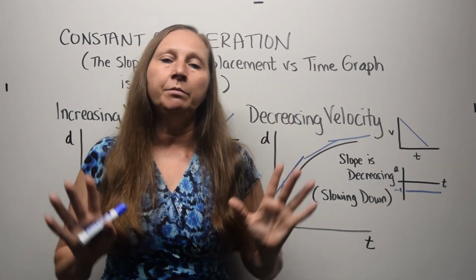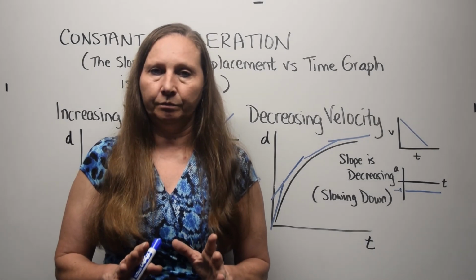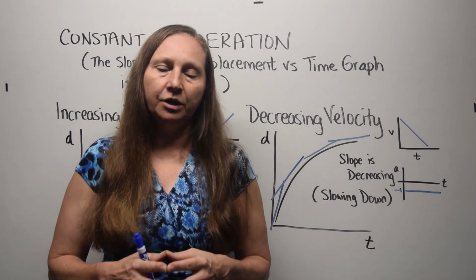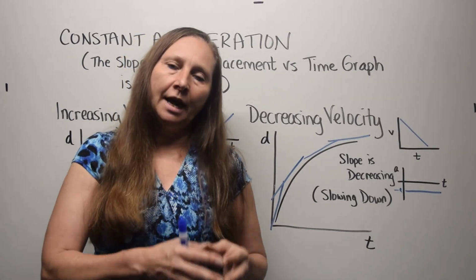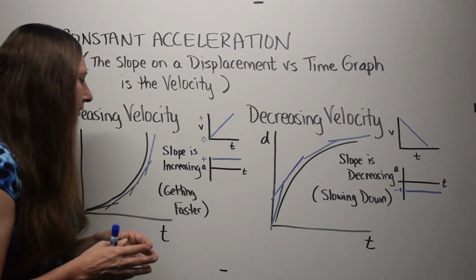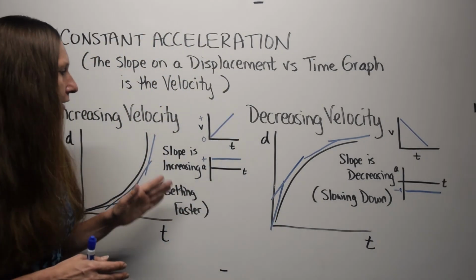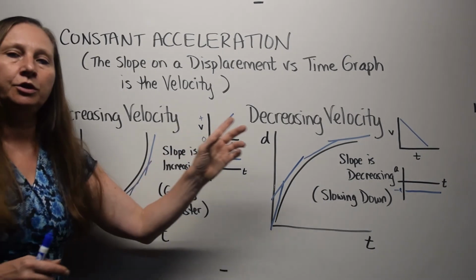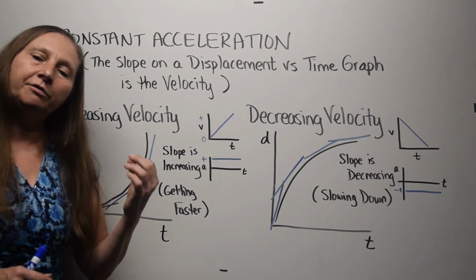So you've got 9 possibilities right off the bat. After that, you want to look at whether the velocity is positive or negative. All right, and you might also want to look at slopes. You might also want to look at whether the velocity is increasing or decreasing when you have a certain type of acceleration.